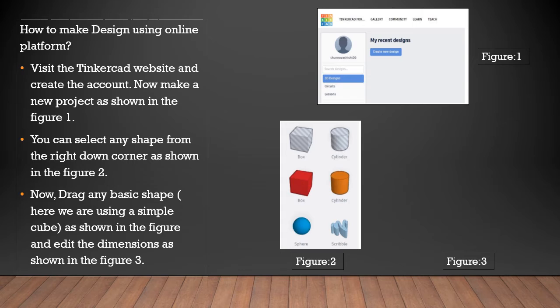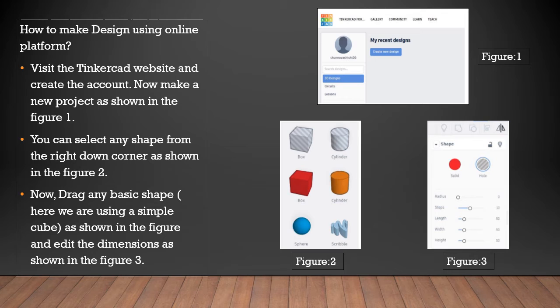For that you need some CAD software like SolidWorks or any designing software. I would suggest, just for beginners, to go to the Tinkercad website and try the tutorials there, and later if you are comfortable then you can use additional software like SolidWorks.